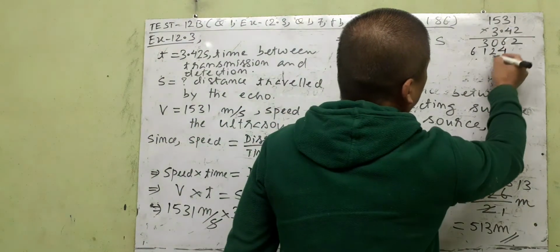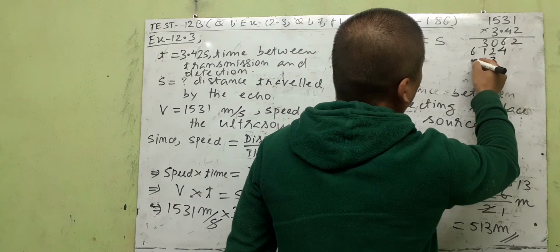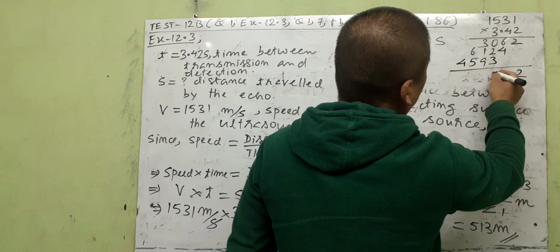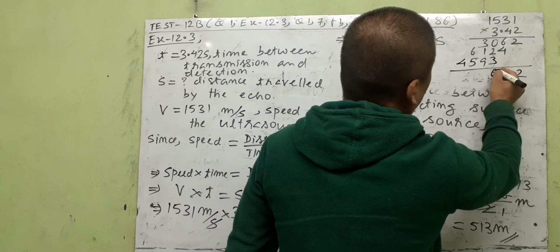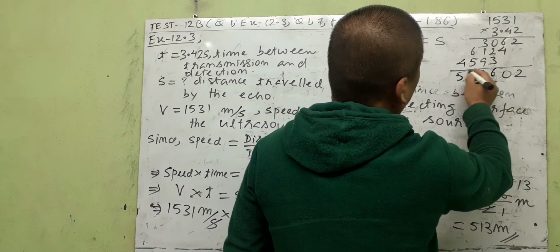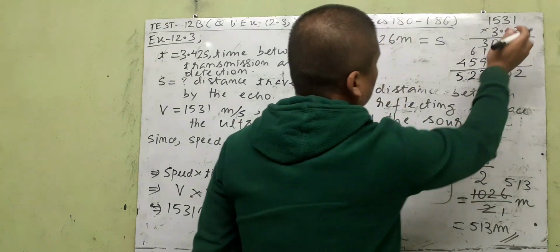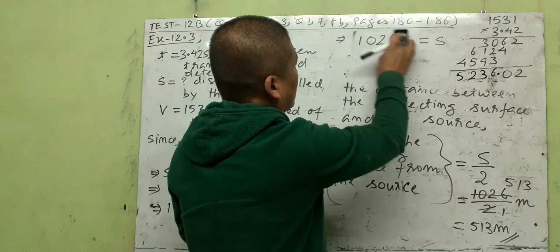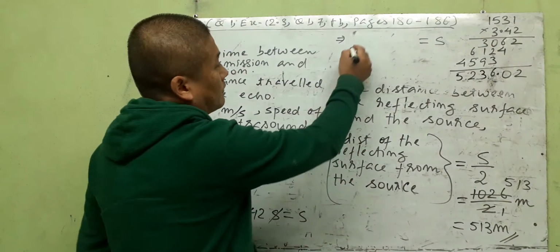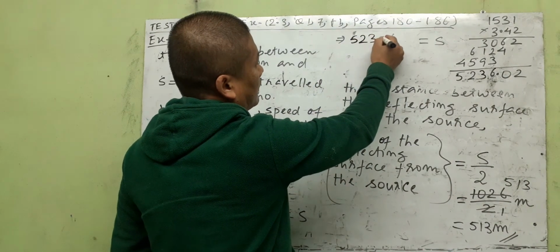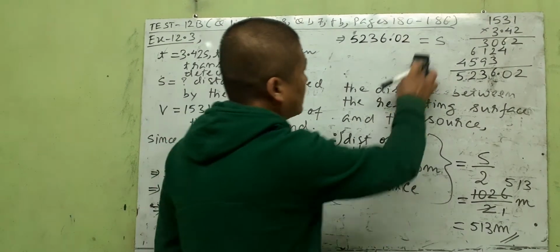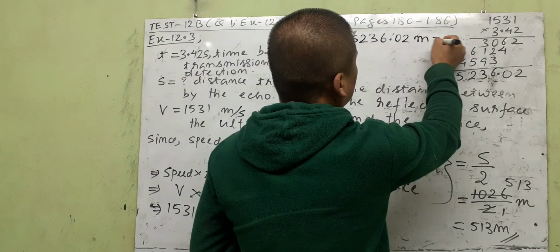So 3 ones are 3, 3 3s are 9, 3 ones are 3 plus 1, 4, and then 1 2 decimal places. So this will come out as 5236.02. This much meter will be the distance traveled by the echo, S.